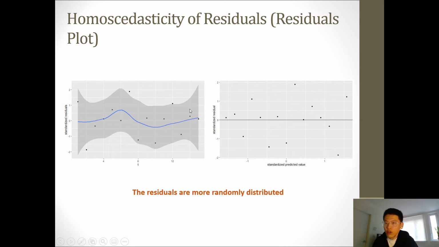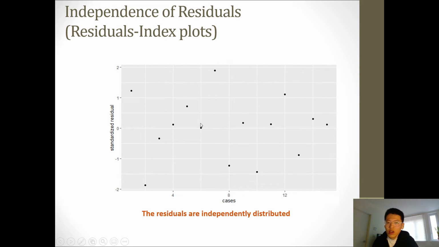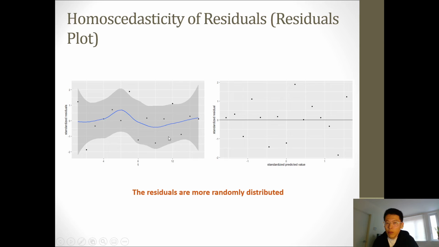It looks very good. And also here, this is the residual versus the index. Based on the index, you don't see any dependence with the residual of each other. So it is randomly scattered. So in this case, the transformation helped us a lot.